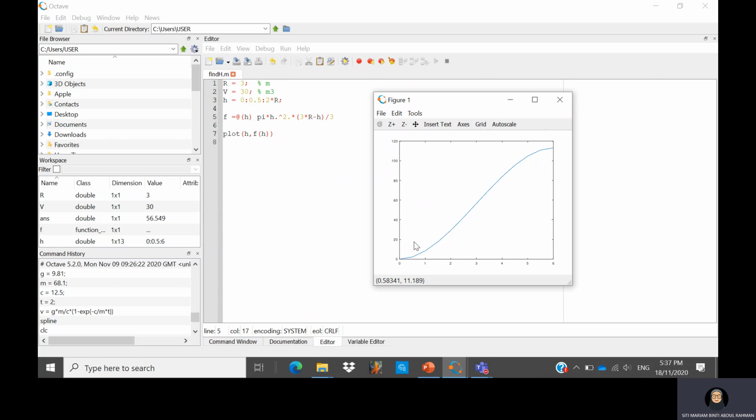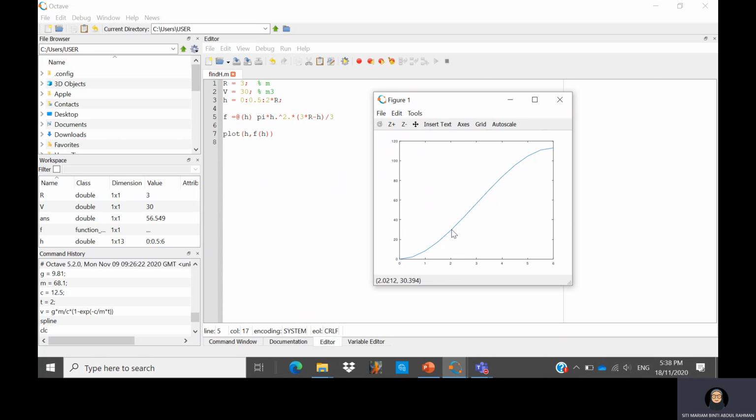So if we look at 30, which is somewhere here, at the value at the bottom left of the figure, for a volume of 30 you need a depth of 2 meters. So this is what we get graphically.